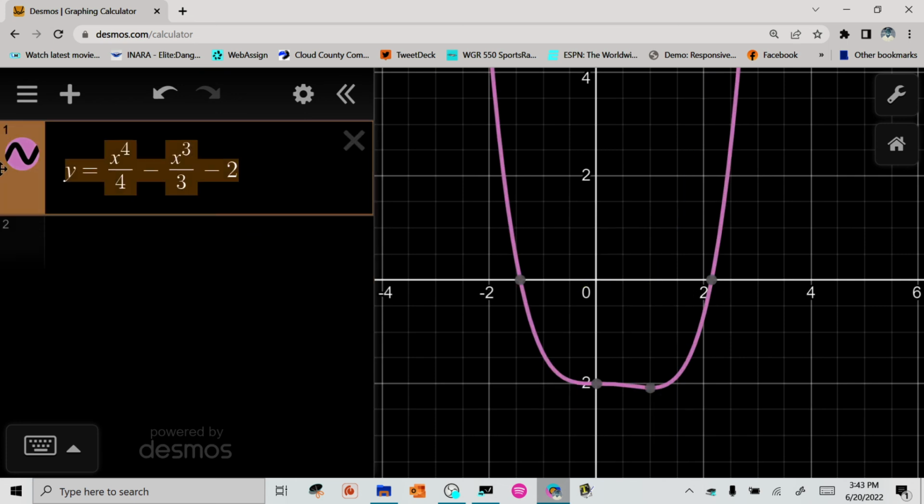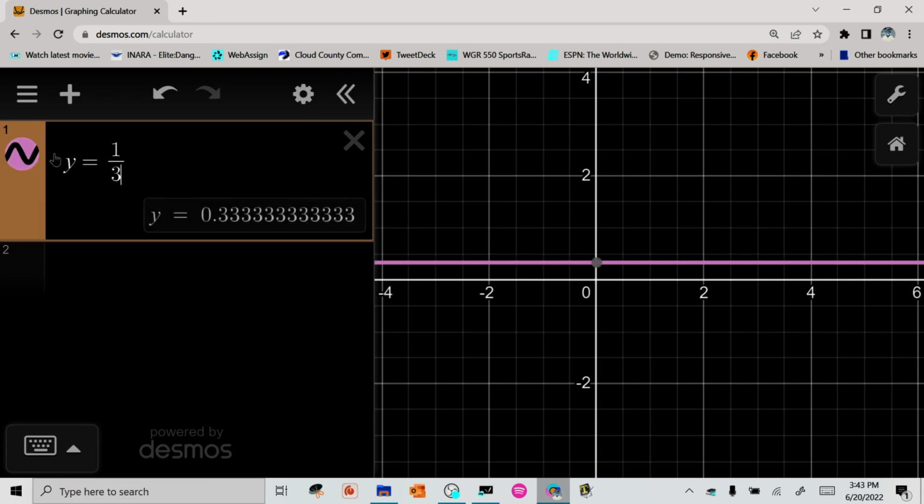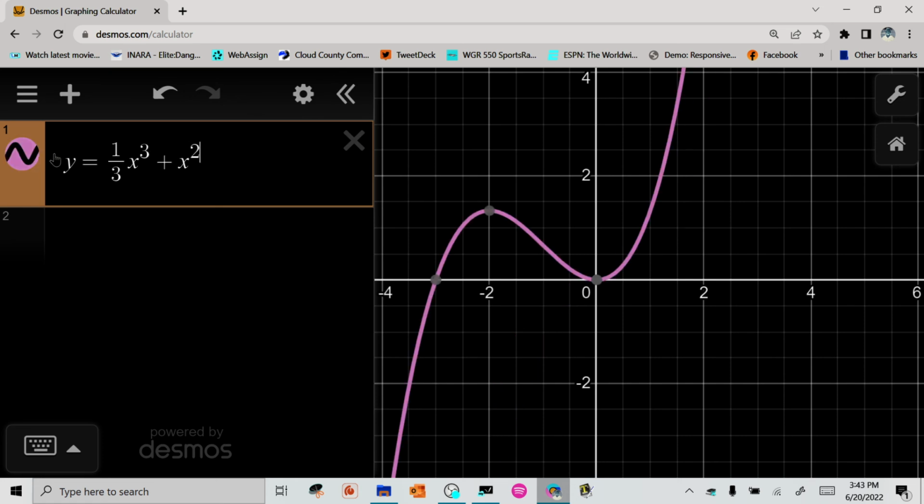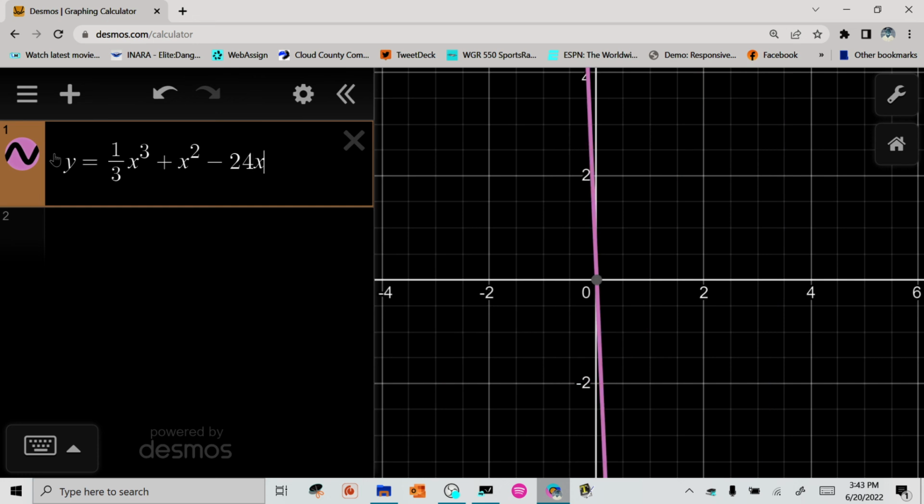Let's do the original function, and then I'm going to do the derivative, just like what we did on the previous question. The original function was y is 1/3 x to the 3, plus x to the 2, minus 24x, plus 20. I'm going to have to zoom out on this one.